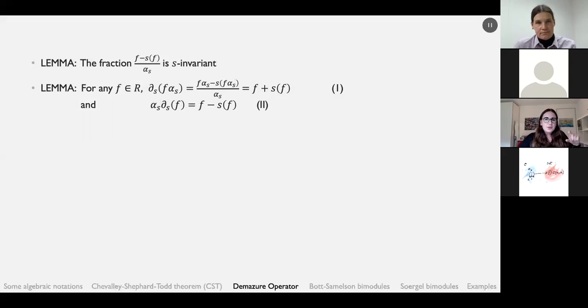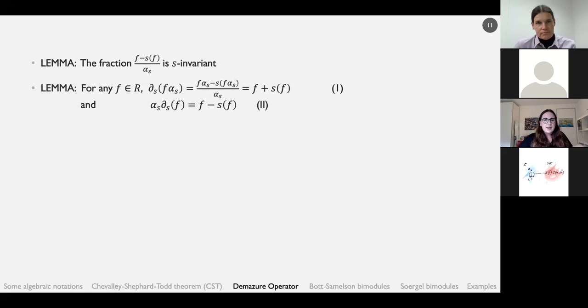We can compute that for any f in R, ∂_s(f) α_s is equal to f + s(f). This is because, after we plug in the definition of the Demazure operator, s(f) α_s is equal to minus α_s s(f), when we basically take out the α_s of the s function.